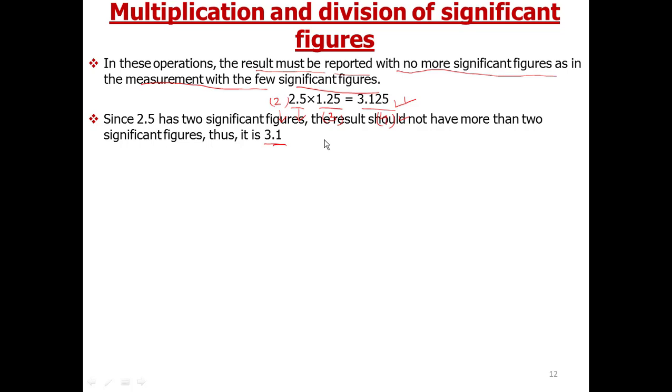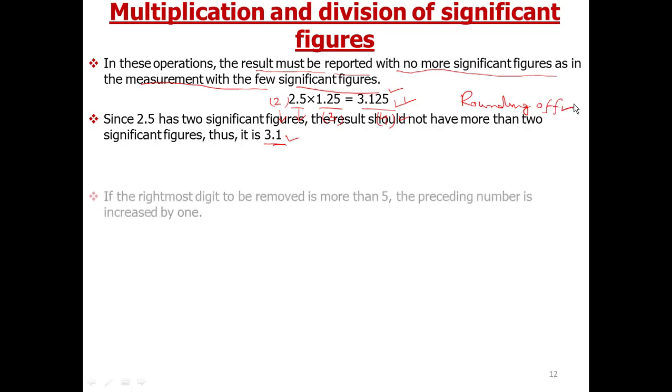The result should not have more digits after the decimal point than either of the measurements. This process, like when we converted this number to 3.1, is called rounding off the digit. And there are some rules to round off.